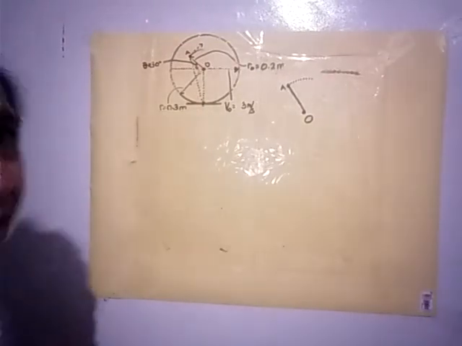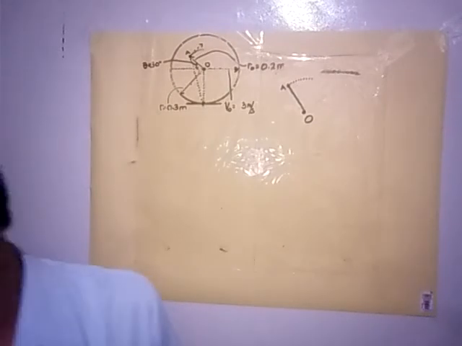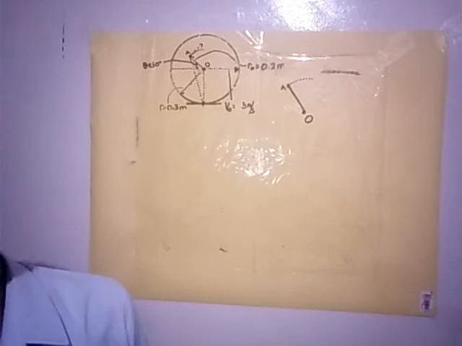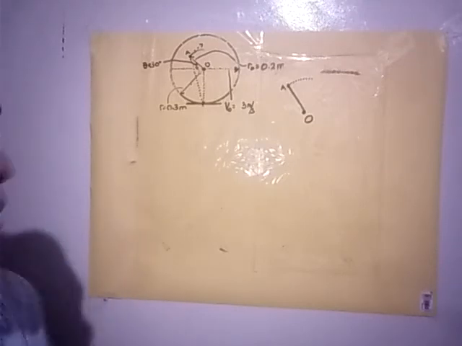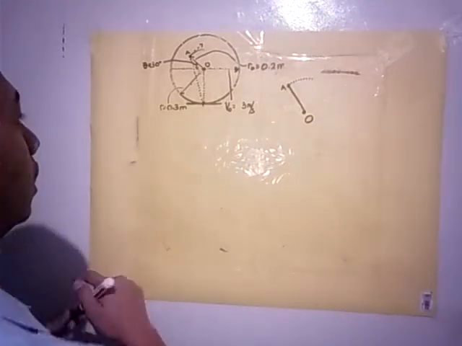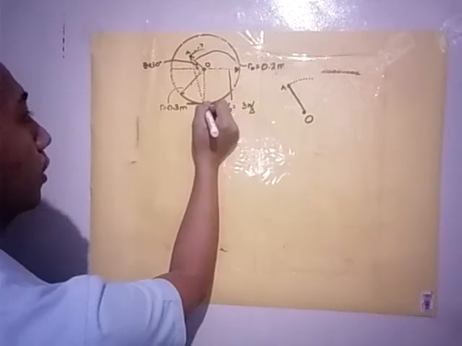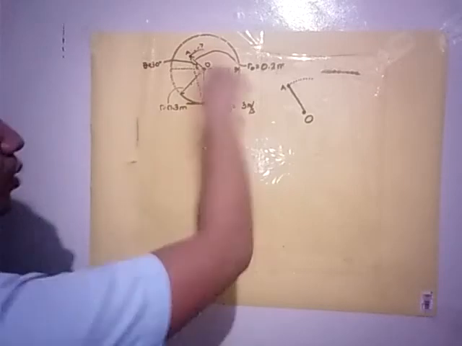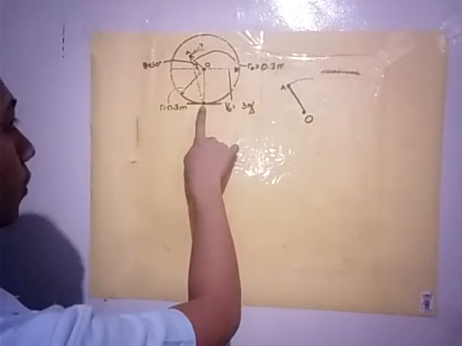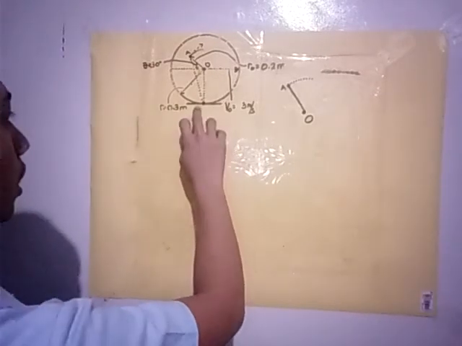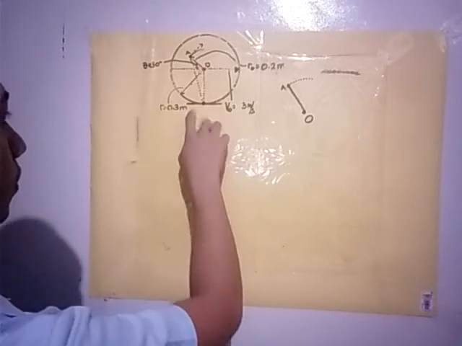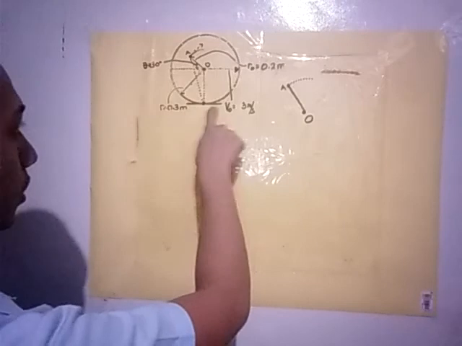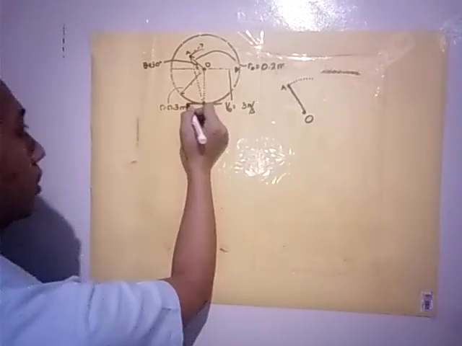So first we are required to locate the instantaneous center of zero velocity. Here I have a point which is tangent to our wheel. This point is also a point on our horizontal path.